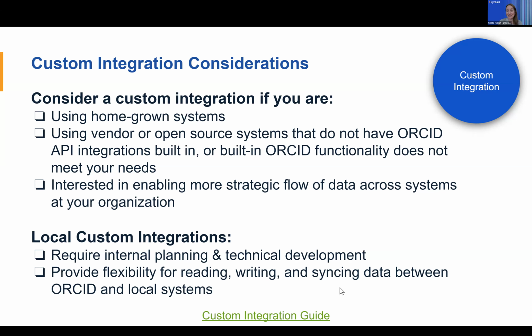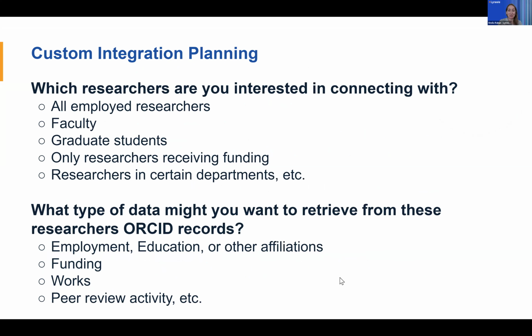So some of the questions to start asking when you're doing this planning and thinking about what you want to do for your integration, think about the researchers that you're working with and which researchers you're interested in connecting with their ORCID. So it could just be, if you employ researchers, all of the employed researchers. If you're at a university, for example, you might just want to focus on faculty, or you might want to start with grad students, for example, or only researchers receiving funding.